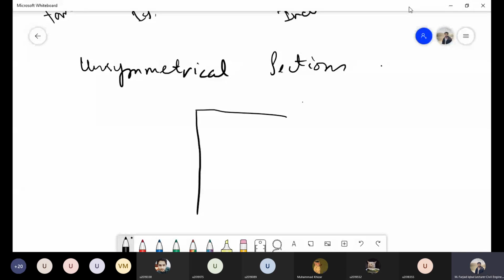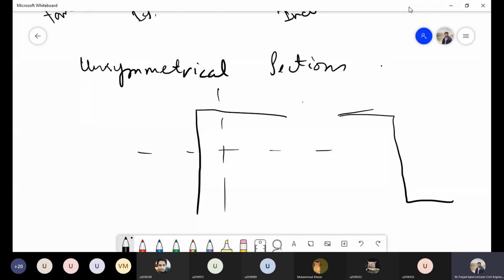So coming on to this unsymmetrical section, for example, let's suppose we have this L angle section or the Z section. In this case, as we discussed in some of our initial lectures, the centroidal axis and principal axis do not coincide.